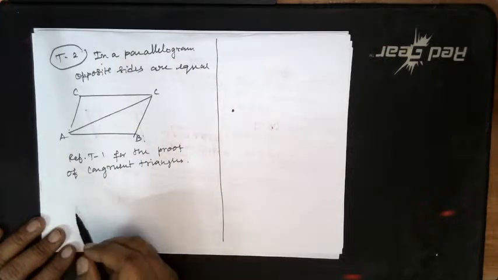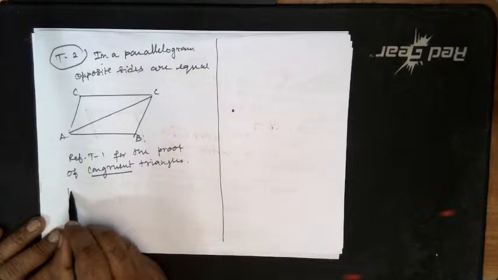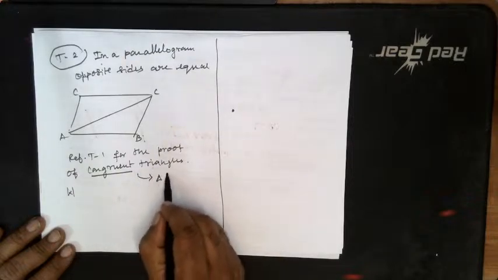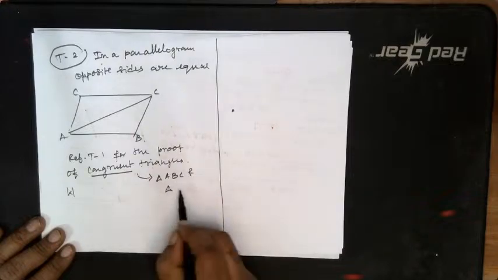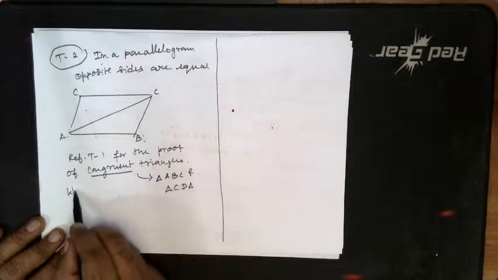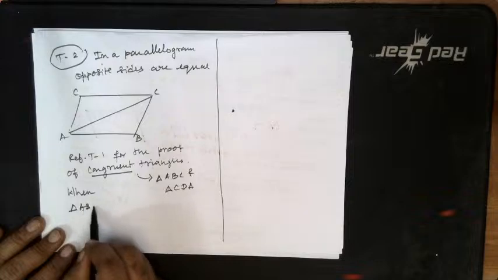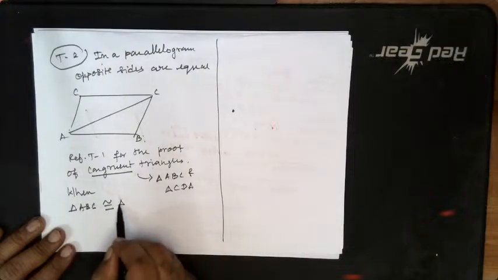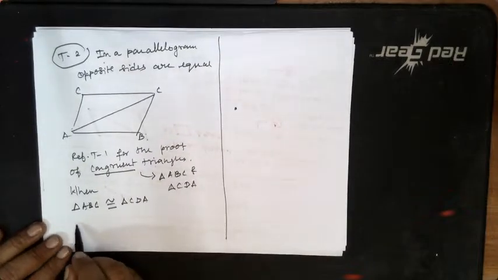Okay, so we know the corresponding angles are, what are the congruent triangles here? Triangle ABC and triangle what? CDA. So when triangle ABC is congruent to triangle CDA, what do you understand from this?